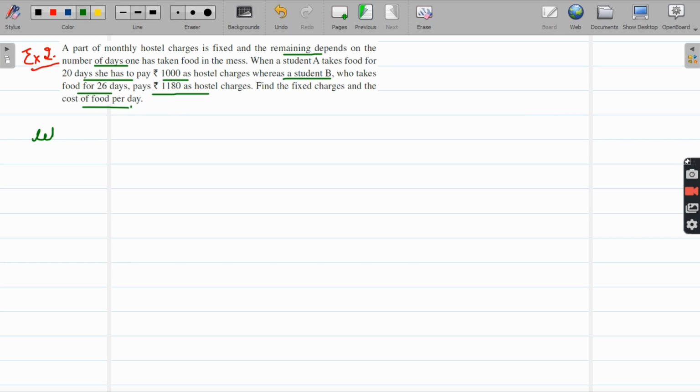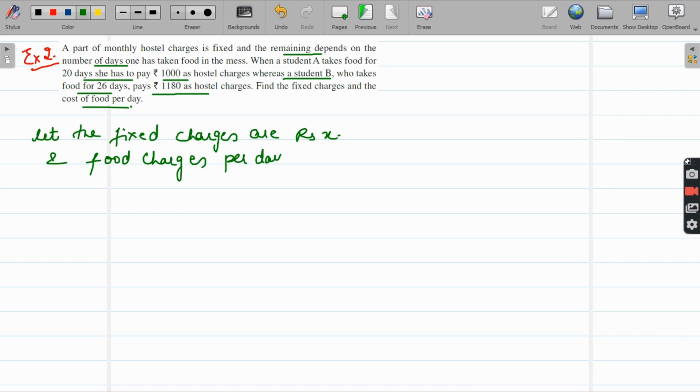So we start with: let the fixed charges be rupees X per month, of course, right? And the food charges per day be rupees Y. So fixed charges are of course per month.